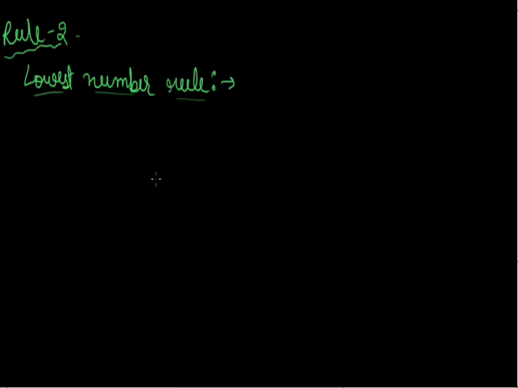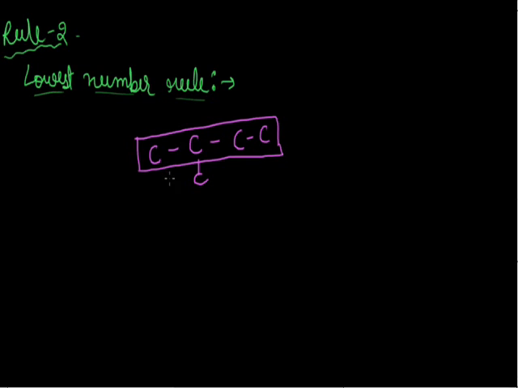For example, if we have this organic compound, then in this organic compound we can see that, from the longest carbon chain, firstly we will select a long carbon chain, and by the second rule we have to number the carbon chain from the side in which substituent groups are present nearer.